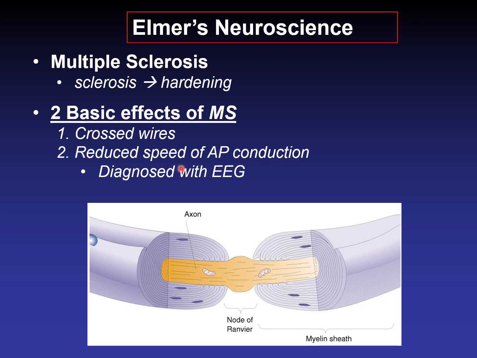And this reduced speed can be seen with electroencephalography, a brain measurement technique that records the electrical activity of the brain. Basically, if you're a neurologist and you have a patient you suspect might have multiple sclerosis, one way of diagnosing that is to put an EEG cap on the patient and show them visual stimuli.